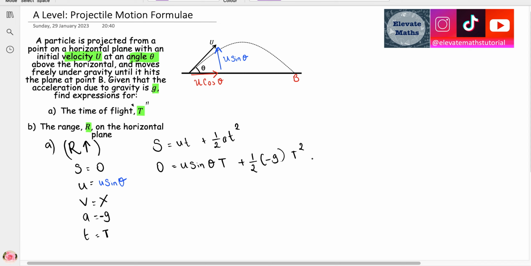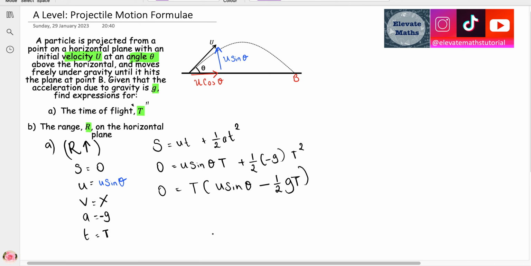Okay, we're going to rearrange to make t the subject. So factorize the t out of both of those terms: t into u sin theta minus a half gt. So those are the two sets of values.